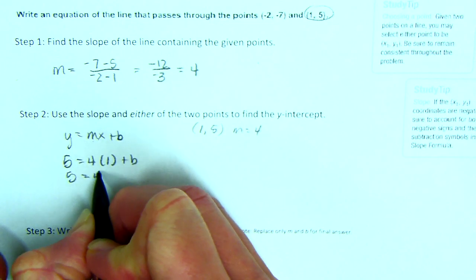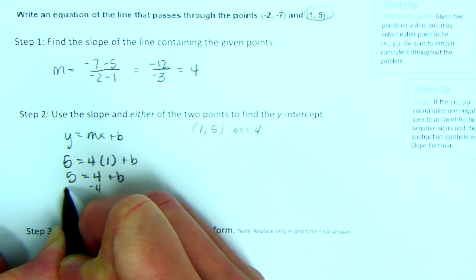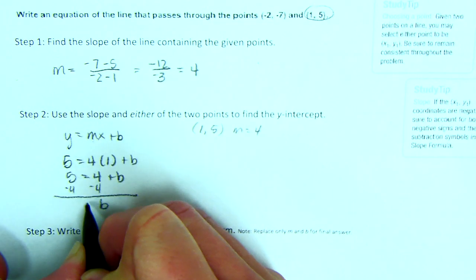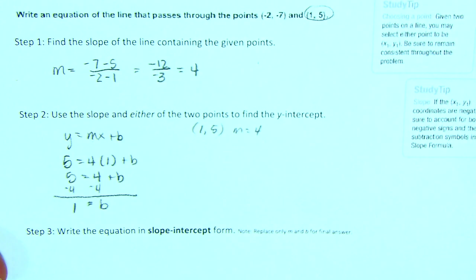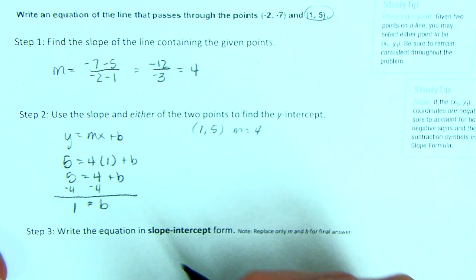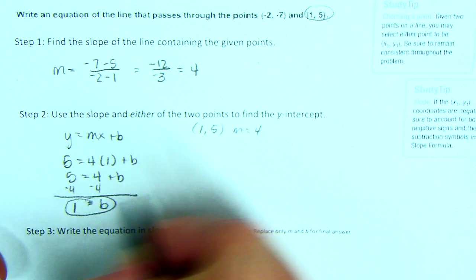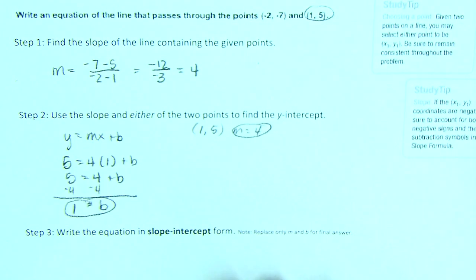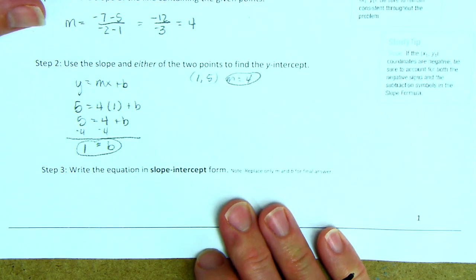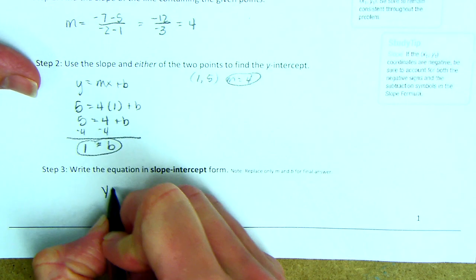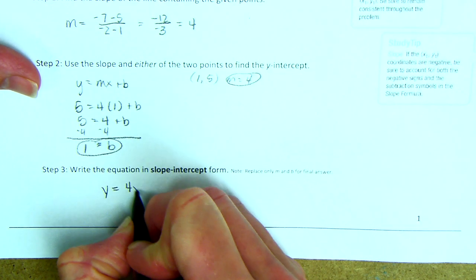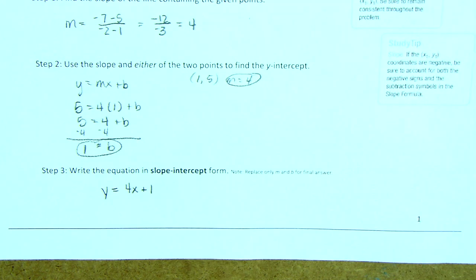Well, that's 5 equals 4 plus b, so subtract 4, and b is 1. Fantastic. So my y-intercept is 1, my slope is 4, so let's write our equation. y equals 4x plus 1, slope-intercept form.